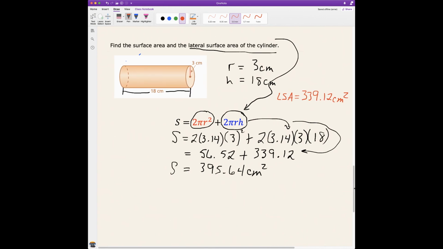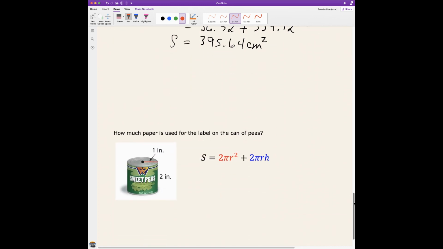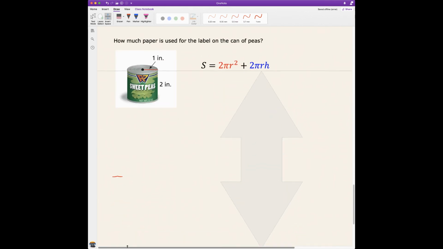All right, let's look at one more problem. So this problem, I got a can of peas, and I want to know how much paper do I need to put a label on this can of peas?